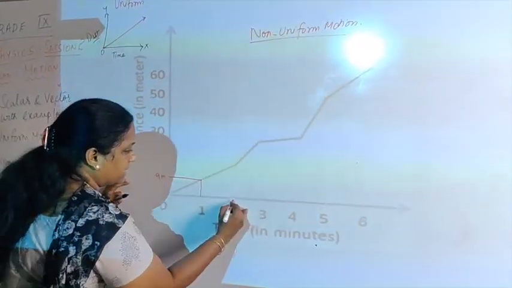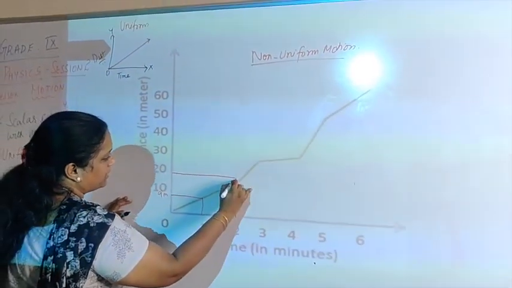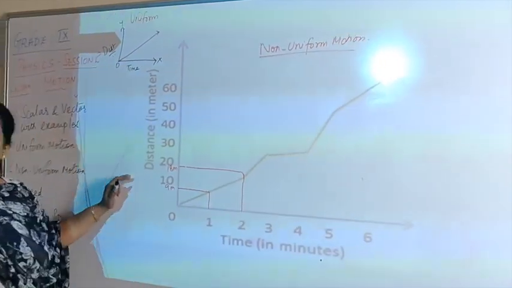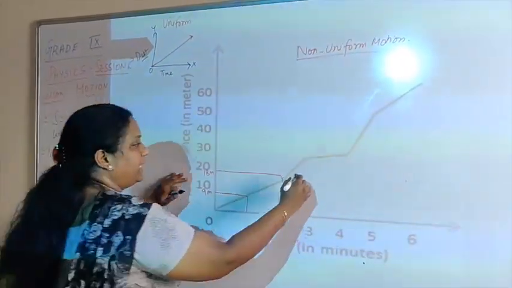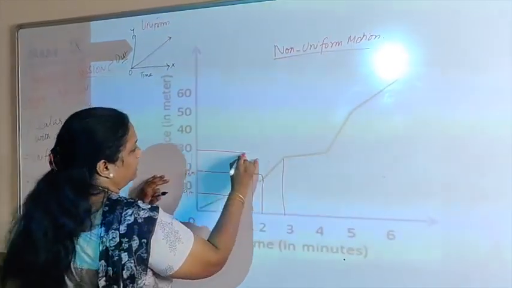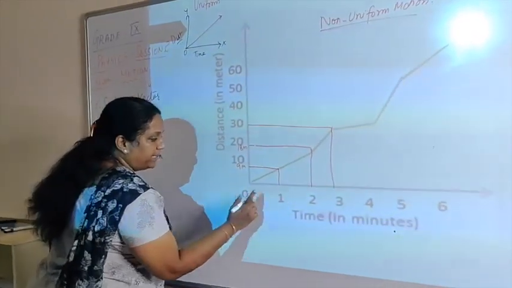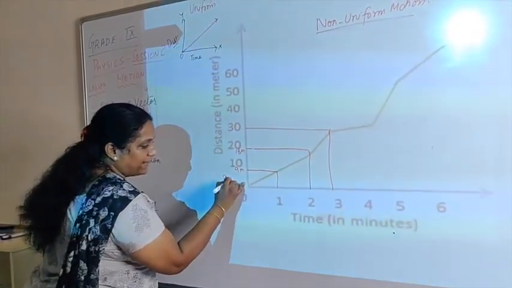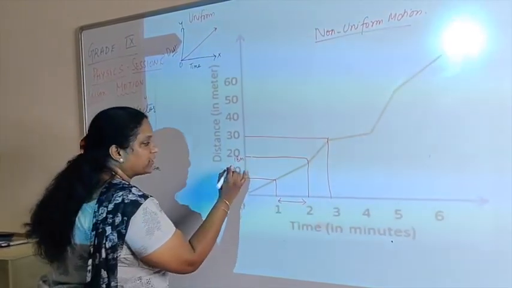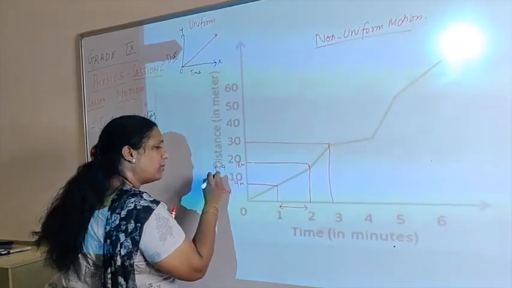At 2 minutes, where has it reached? It has reached roughly 18 or 17 meters, right? And at 3 minutes, about 30. Okay, so 0 to 1 minute has been 9 meters of travel. In the next 1 minute, it has traveled how much? 18 minus 9, which is also 9.